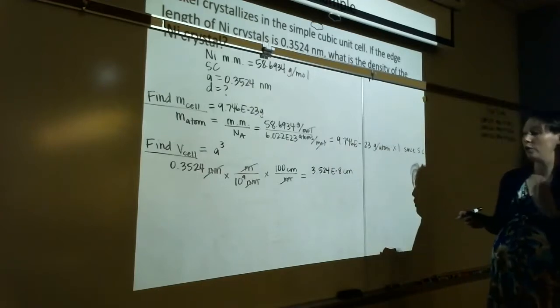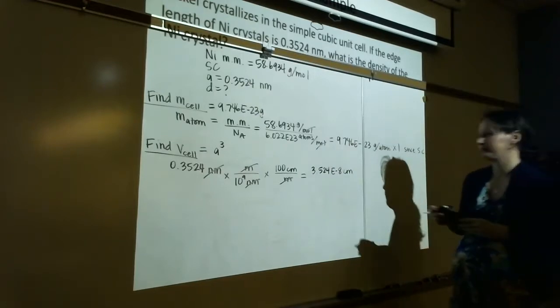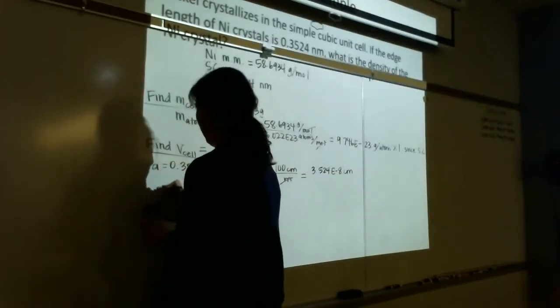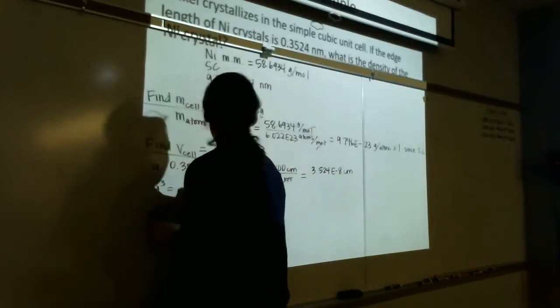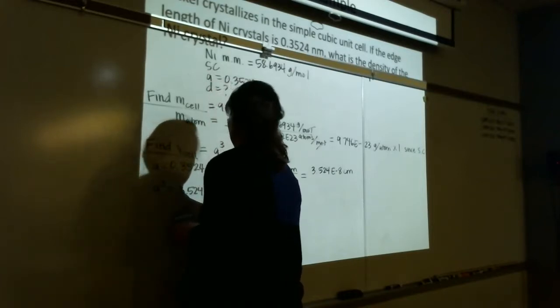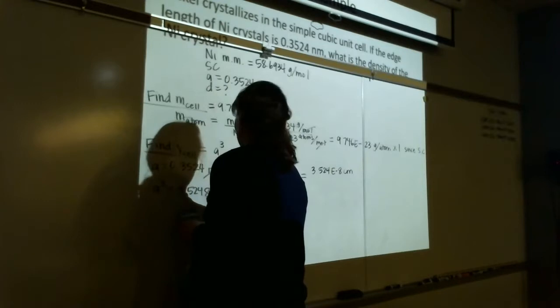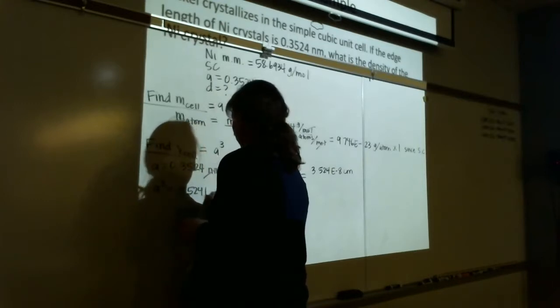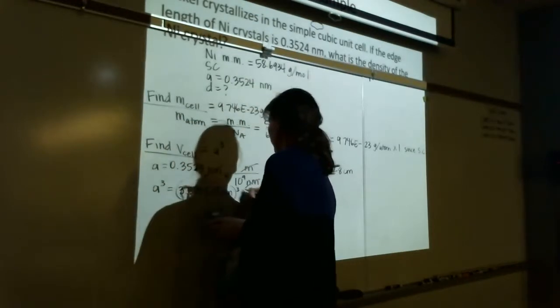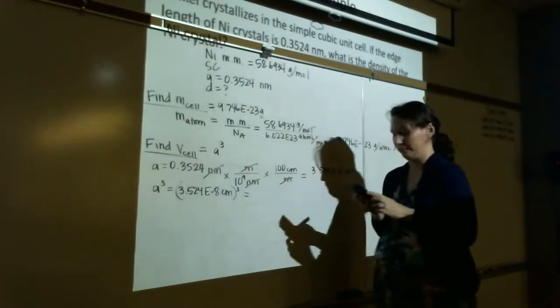And now we want to cube that, right? Because we want A cubed. So A cubed would be 3.524 times 10 to the negative 8 centimeters cubed, because centimeters cubed is a unit of volume.